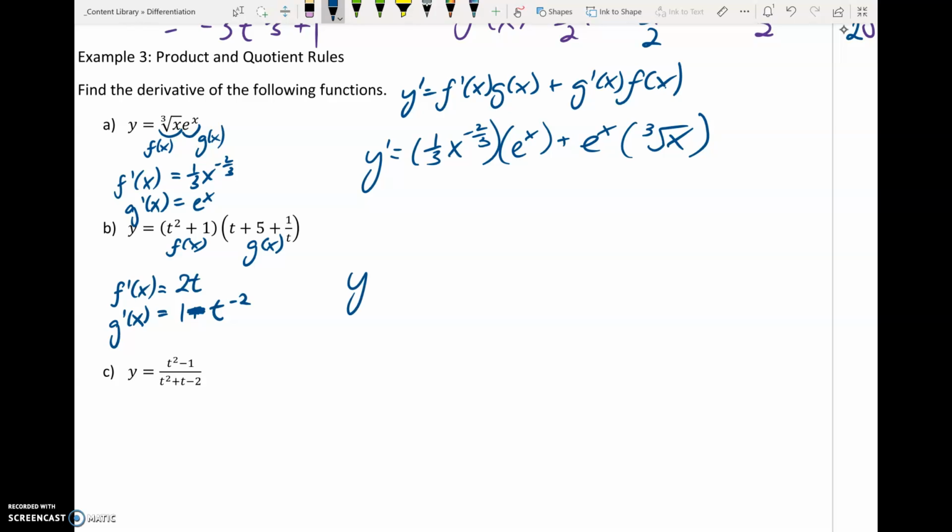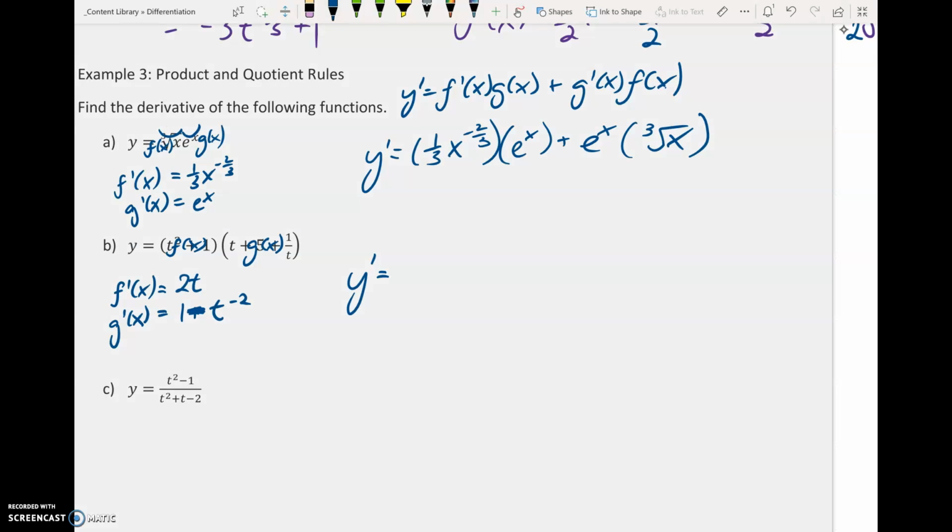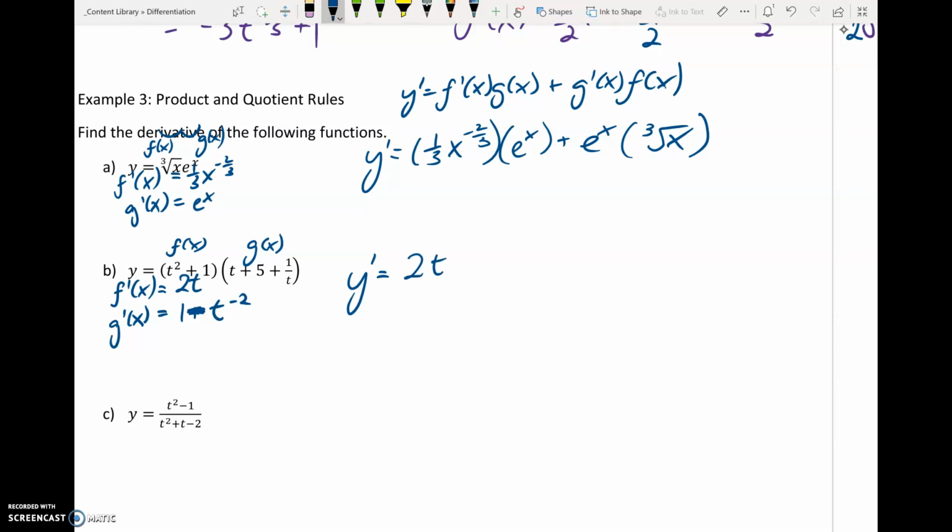Now we'll plug it into our product rule formula. F prime of x we found was 2t. G of x is t plus 5 plus 1 over t, plus g prime of x, which was 1 minus t to the negative 2.